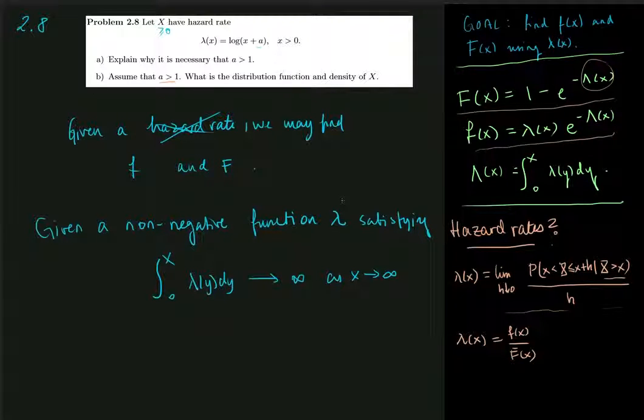So if lambda is any function that satisfies this, and if lambda is non-negative, well, then lambda defines a distribution. Then lambda is the hazard rate of a distribution.